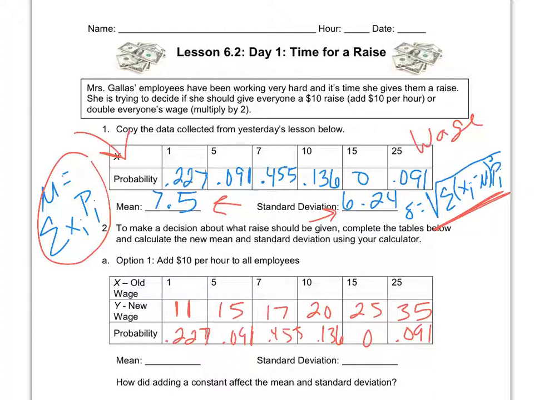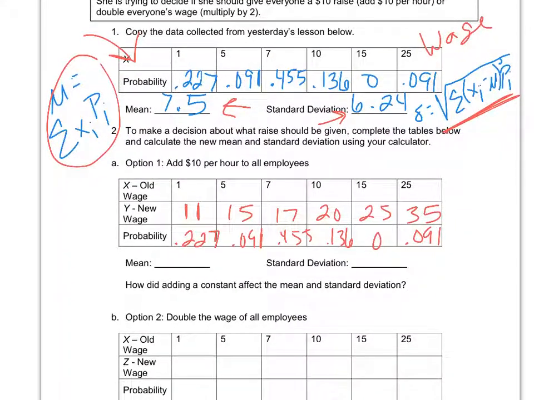So if I go through and use this formula to calculate my mean, I'm going to get a value that is my mean plus 10.